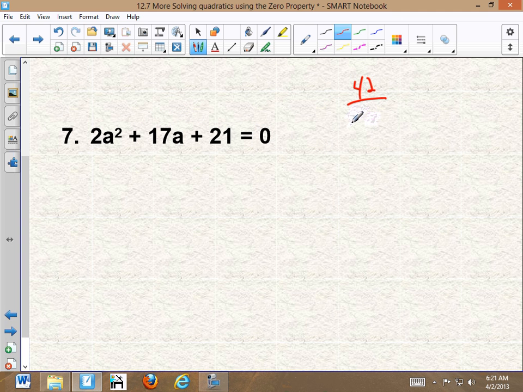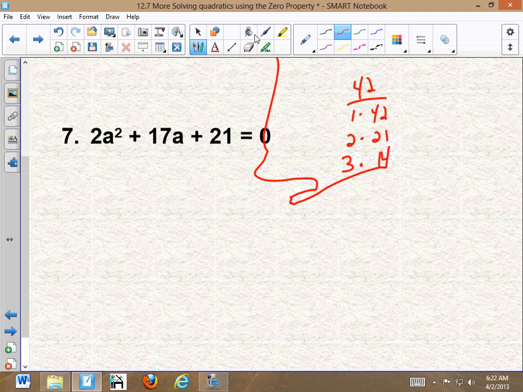Okay, let's go. 1 times 42, not going to do it. 2 times 21, not going to do it. So then I have to say, can 3 go into 42 evenly? 3 goes into 42. 3 times 14 is 42.